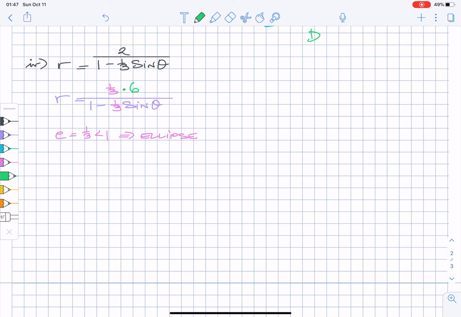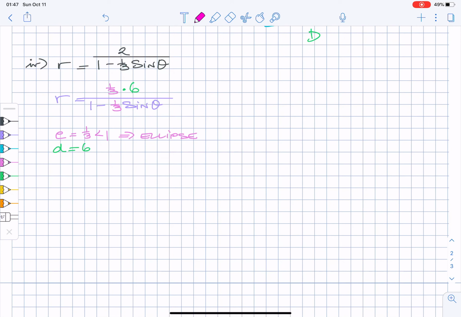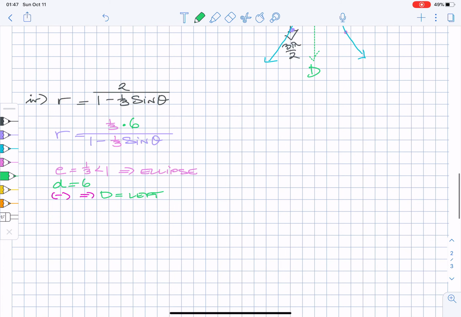I claim that the distance to the directrix is 6. And I claim that this is minus sine. This means that the location of the directrix is going to be down. Sorry, not left. Did I say left?